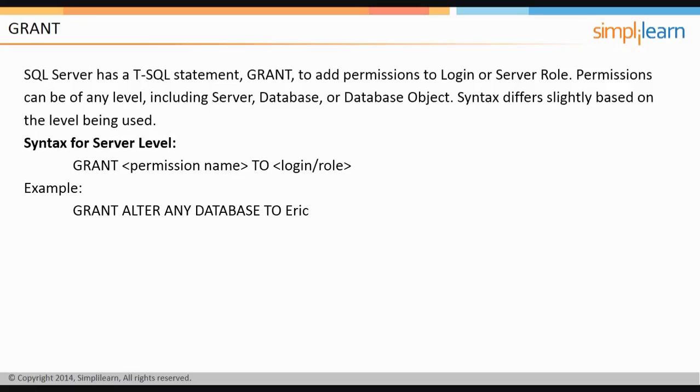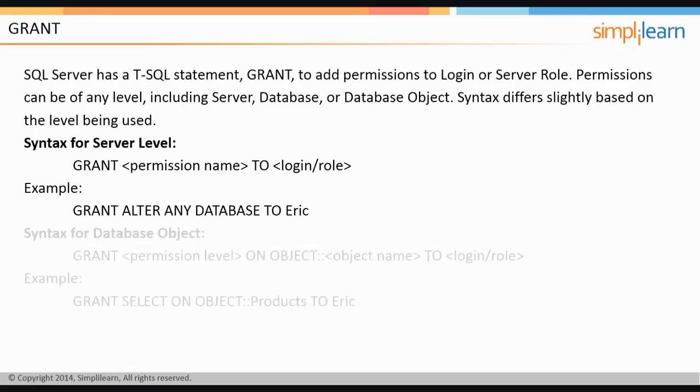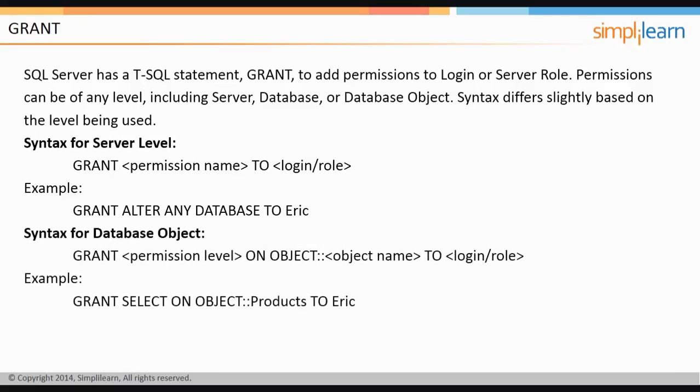Doing the same for a different level, such as a database or table, also requires the OBJECT keyword followed by the double colon and then the object name. Both these methods will grant, that is, assign, the permissions to the role or login.